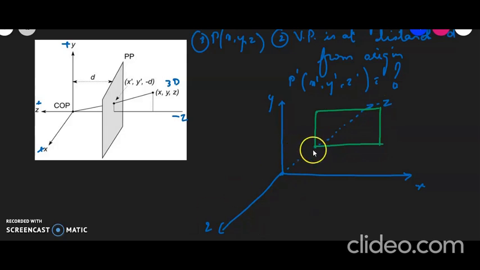And it is at a distance d from the origin, and this is my center of projection. Okay, so my original point P is somewhere on the other side out here. So this is P(x, y, z).